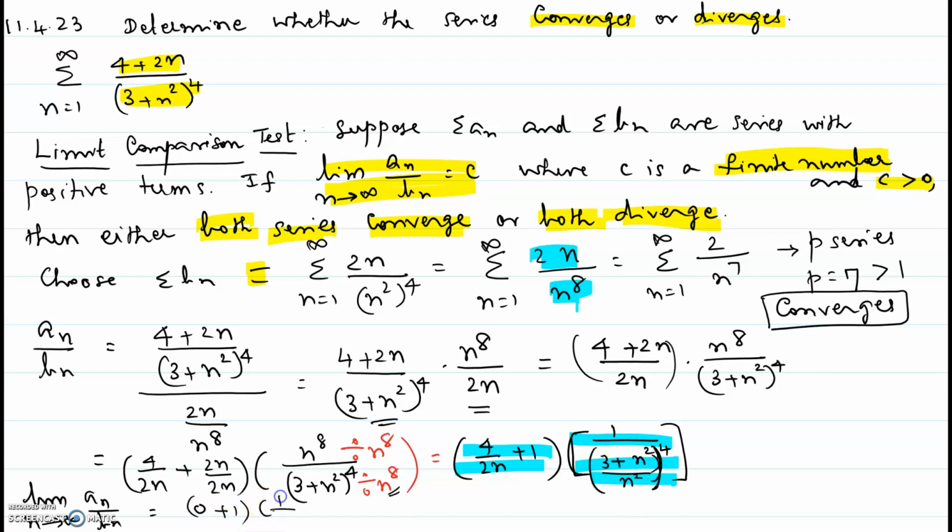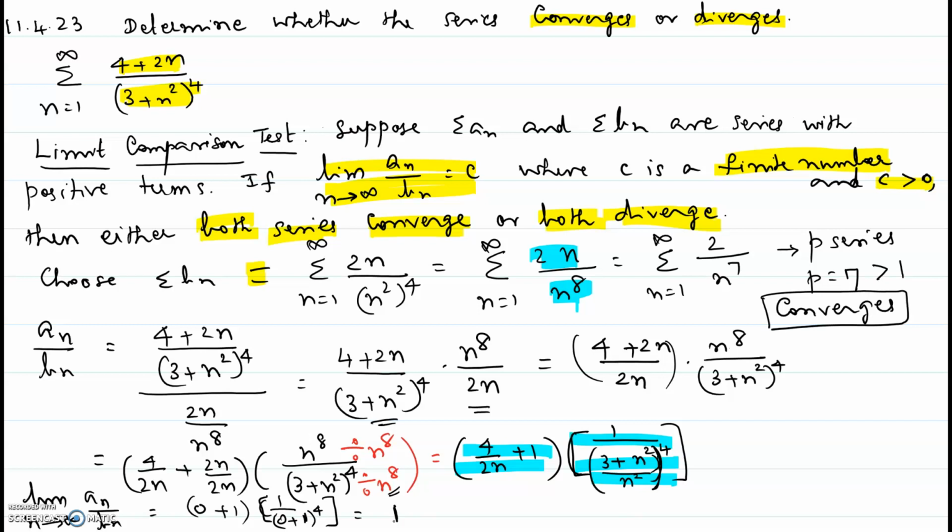Then it is 1 divided by 3 over n squared within the parentheses, which approaches 0, plus n squared over n squared, which is 1, the whole thing to the power of 4, which is just 1. So the entire expression becomes just 1 when you allow n to approach infinity.